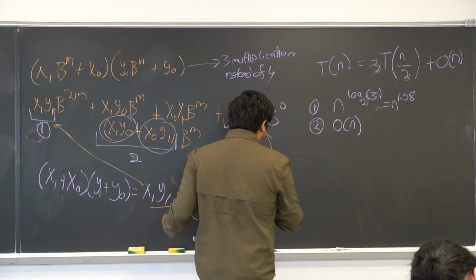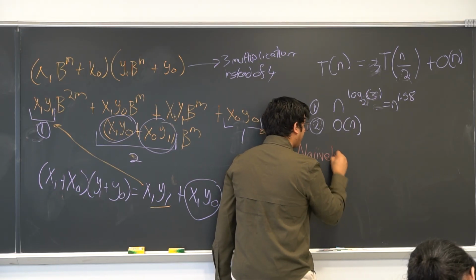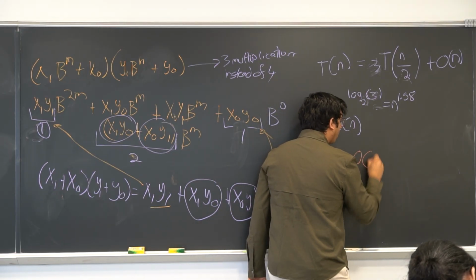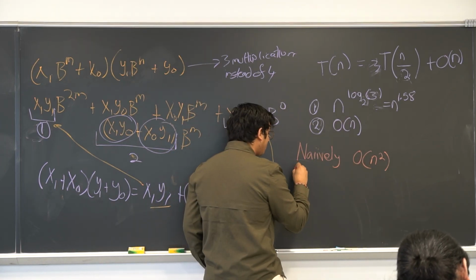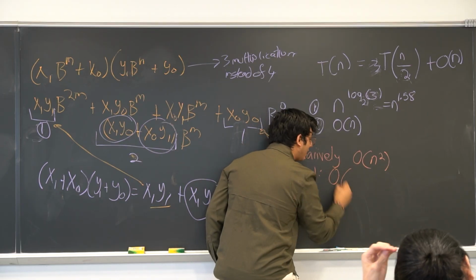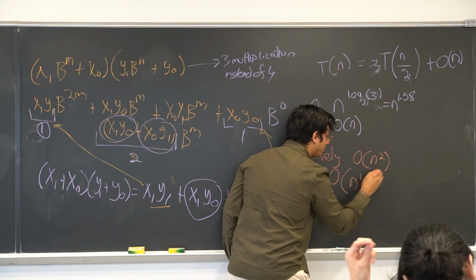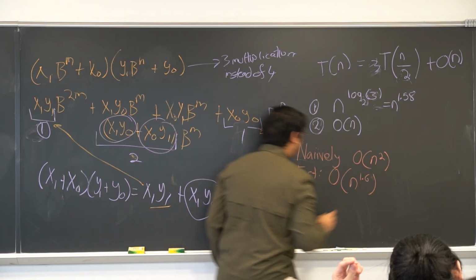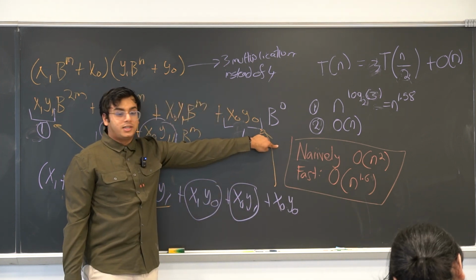If you followed none of this, all you need to know is naively multiplying two numbers takes O of n squared time for two n digit numbers. But with this new method, we can multiply two n digit numbers in n to the power of 1.58. I'm going to call it 1.6 time. So normally, n squared time.